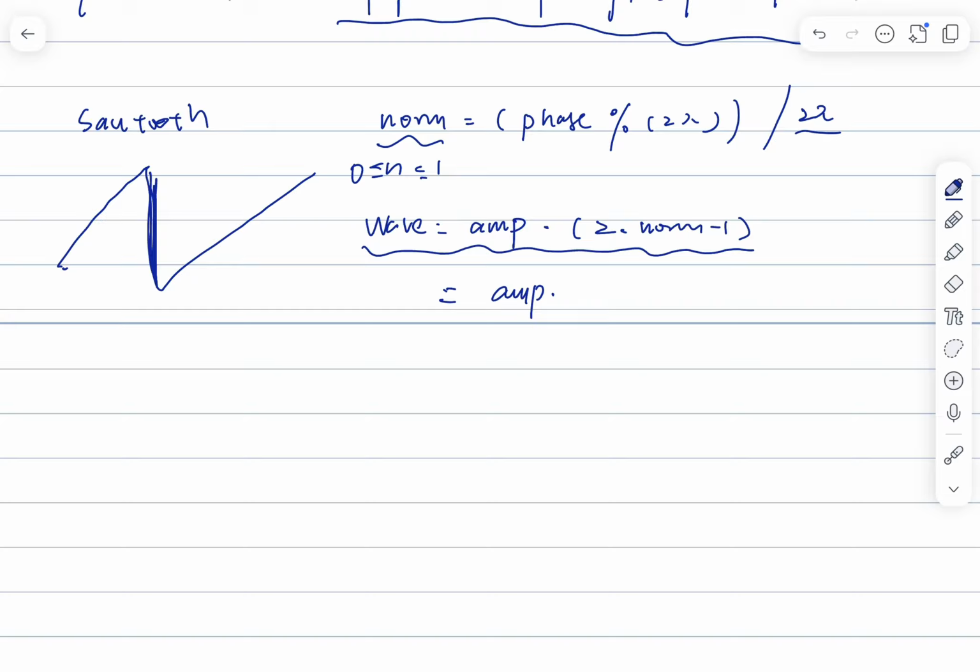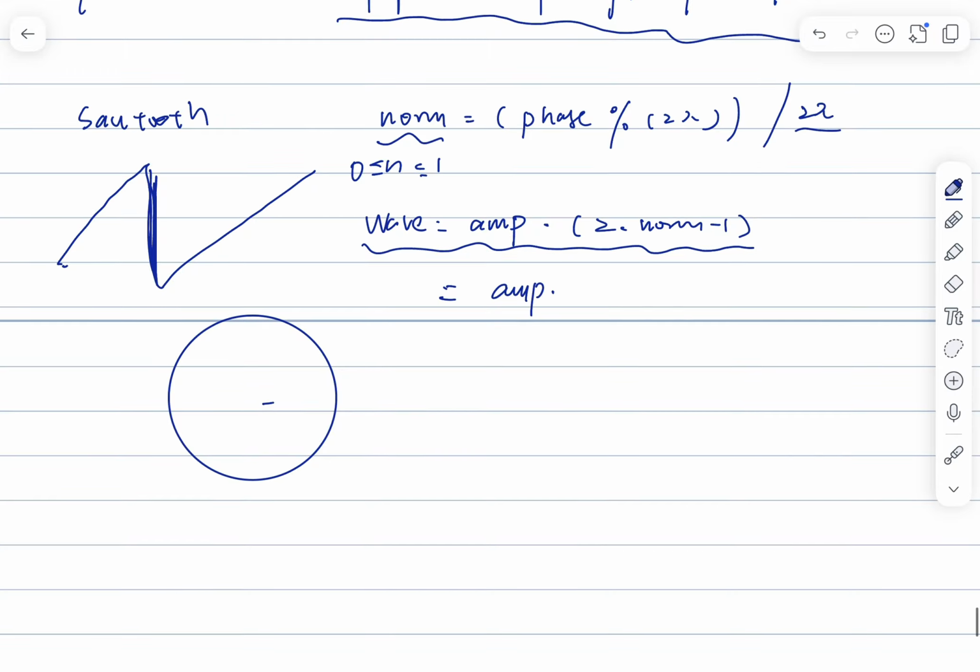Then as it goes past the x-axis a bit, it goes to negative amplitude, because norm turns negative.